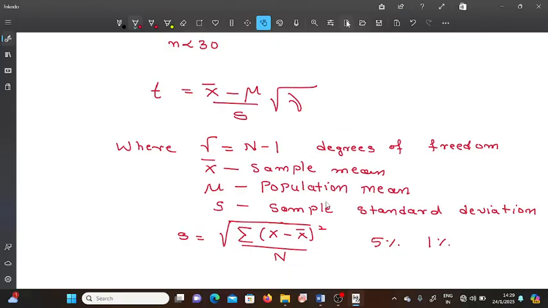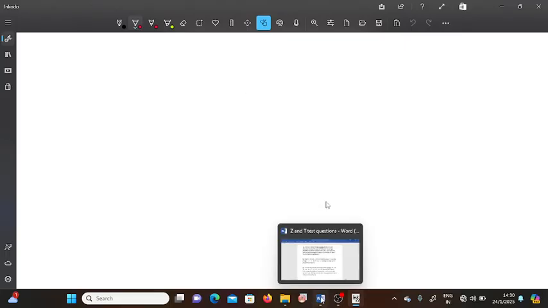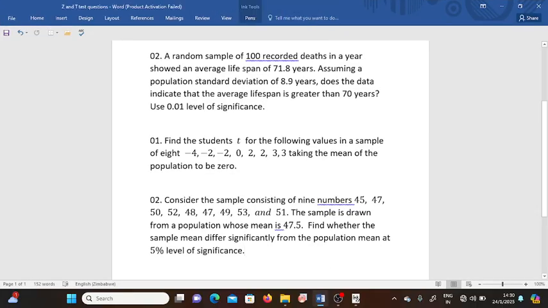Now I will consider one problem to solve on the student's t-distribution. Here the problem is we need to find the student's t for the following data.